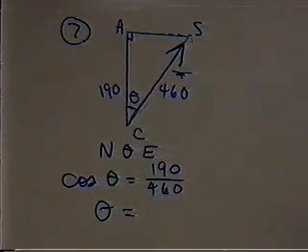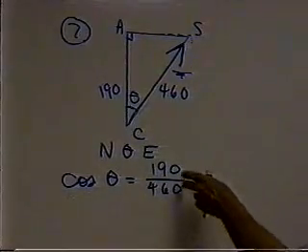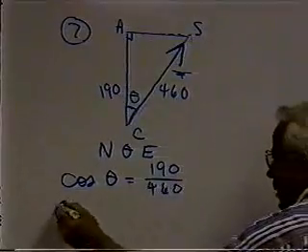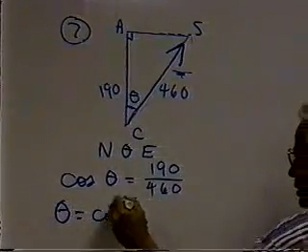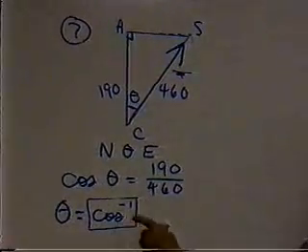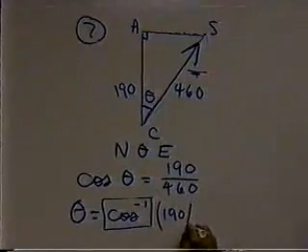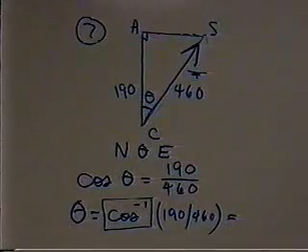Now, what I have in the notes I want you to see on tape, and that is you don't have to divide this out and write that down. Do all this in one step. Say, well, theta is the inverse cosine, that's the second cosine button. And then you just put parentheses, 190 divided by 460, and then enter. And it gives you the answer.